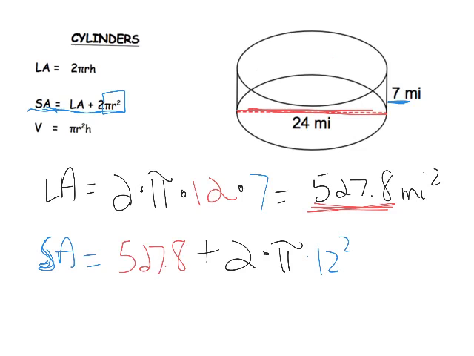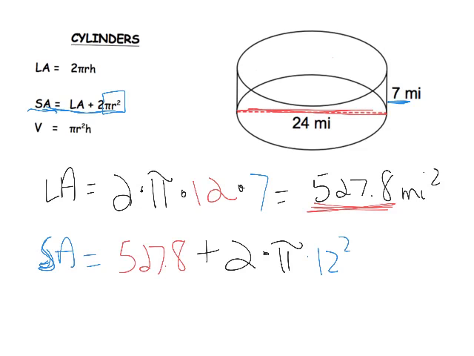Since you already have that on your calculator, you can just hit the plus button, and then type in the 2 times pi times the 12 squared. You can type it in as 12 squared, or as 144 because that's what 12 squared is.